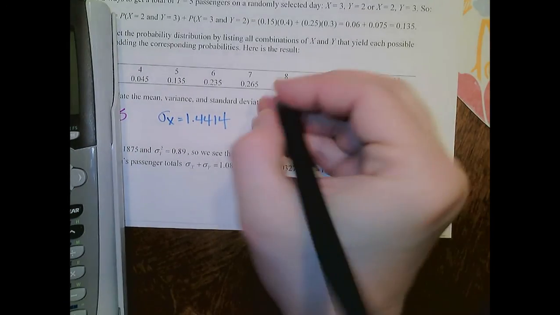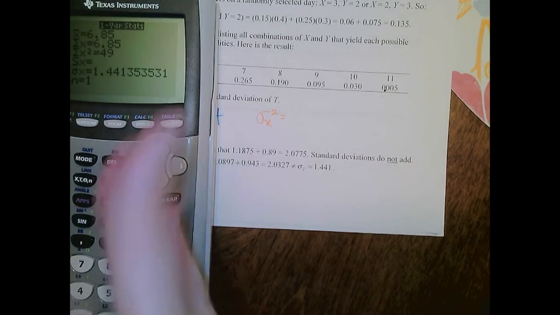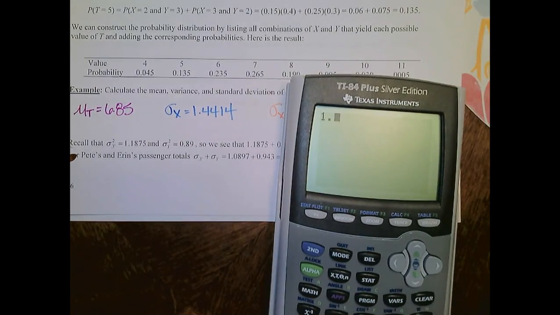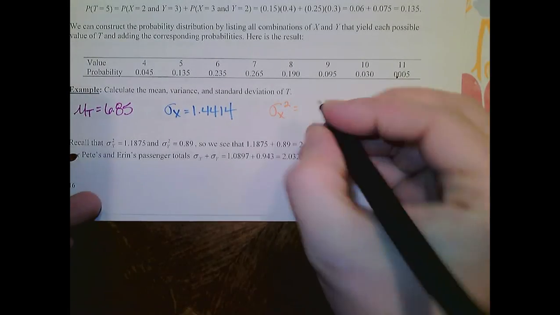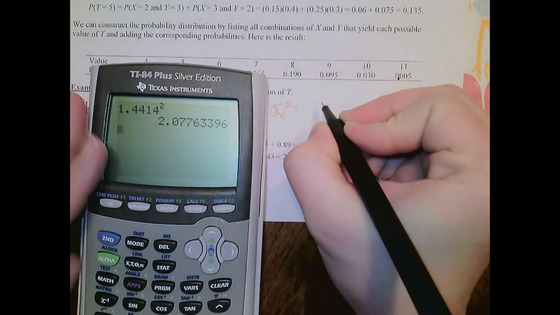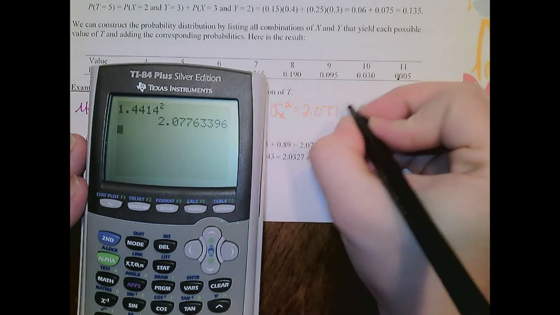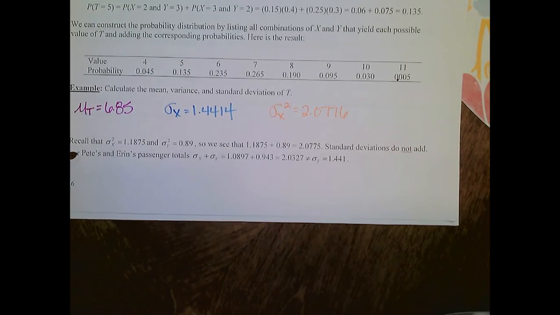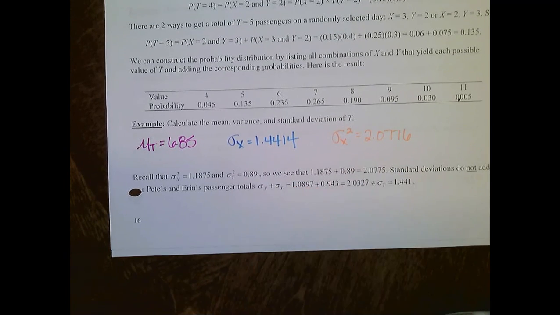So the variance, sigma of x squared, is going to be our standard deviation squared. So we take 1.4414 and square that. And we get that our variance is 2.0776. So our mean, our standard deviation, and our variance.